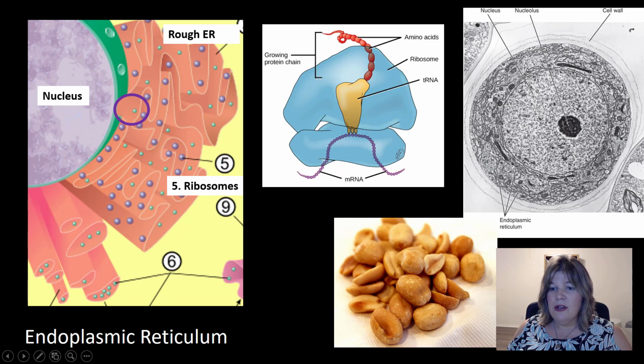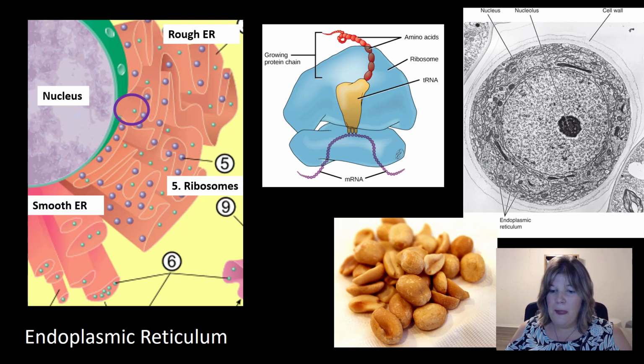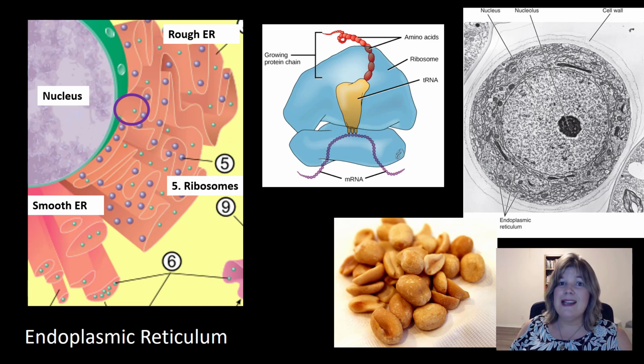This is what rough ER looks like underneath the microscope. There's also smooth ER, which doesn't have ribosomes on the outside. Mostly it's where we synthesize lipids inside the cell, but the function of the ER is to give us a lattice so we can build things. If we're talking about a cell as a factory, the ER is the factory floor with the workers sitting on top of it.